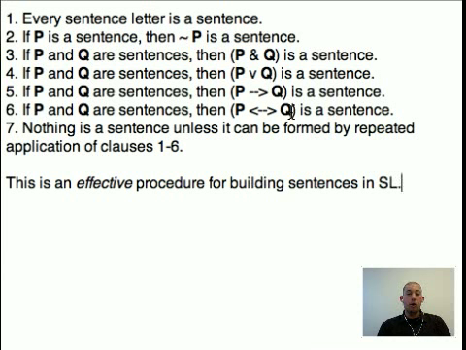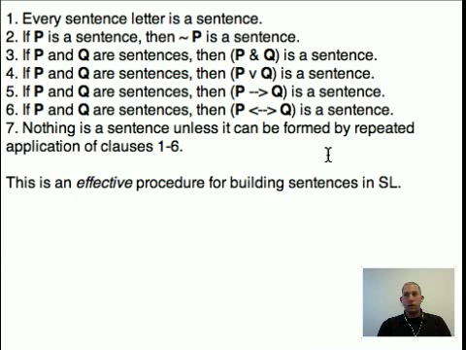The reason we call it effective is because you could basically get a machine to do this. If you give it a sentence and another sentence, then it can construct a new sentence using the outer parentheses and disjunction in between the first two sentences. So there's nothing unmechanical about this. We can get machines to do it, and we're going to use that fact later on.